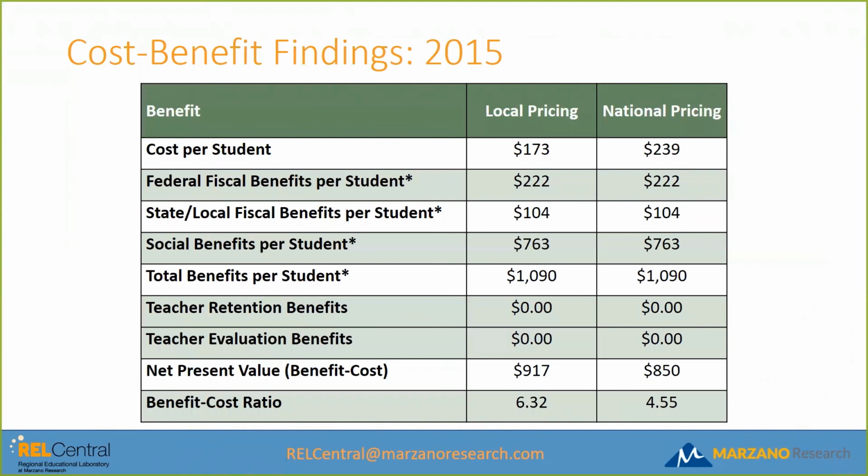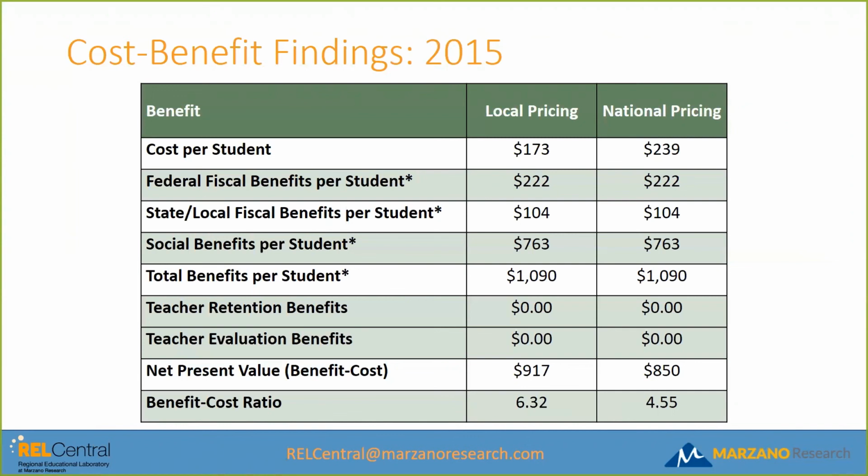And as Dale mentioned, we did this using both local pricing, which used the actual school district salaries and costs for other things, as well as the national pricing from the database that the Center for Benefit Cost Studies in Education has put together over the last number of years. And as you can see, the national pricing is somewhat higher.